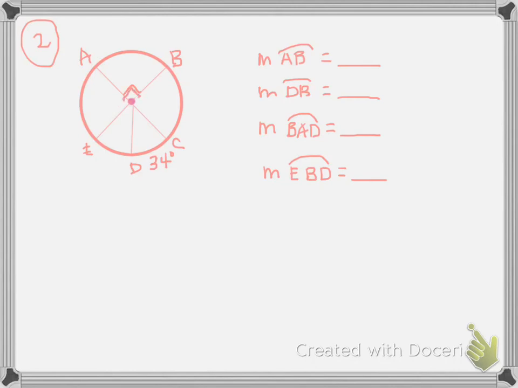So the measure of arc AB is also going to be 90 degrees. This is DB, I'm sorry. The measure of arc DB would be 34 plus 90, which is going to be 124.